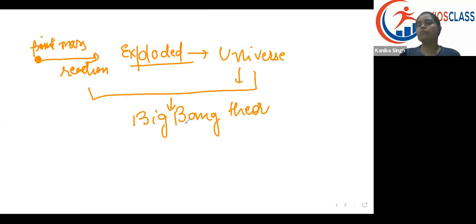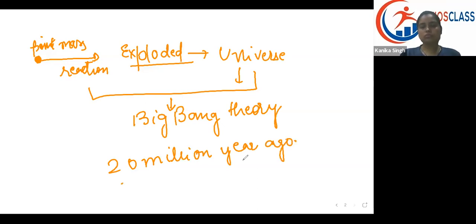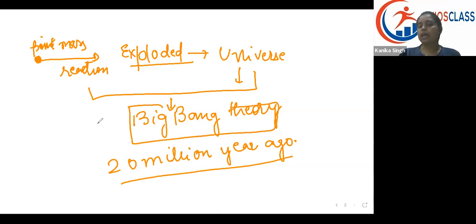And what they believe, it happened around 20 million years ago. Okay, so this Big Bang theory was accepted by all the scientists. This is just a theory, it is not actual proof, first of all. So in case of evolution, most of the things are theory.